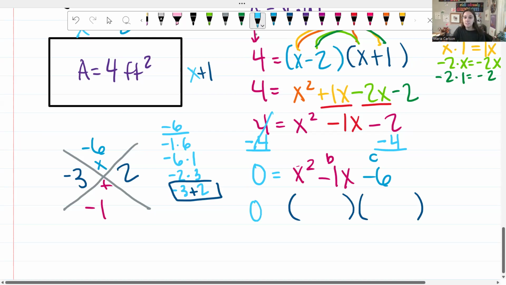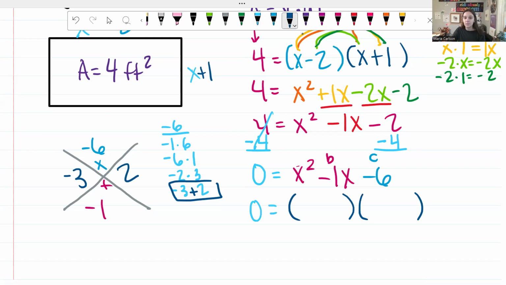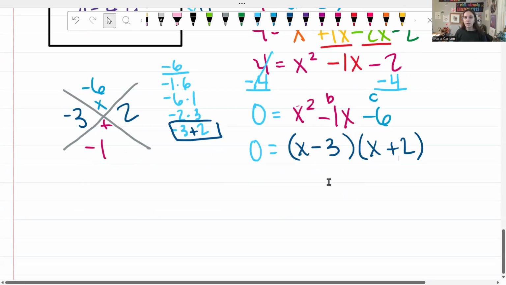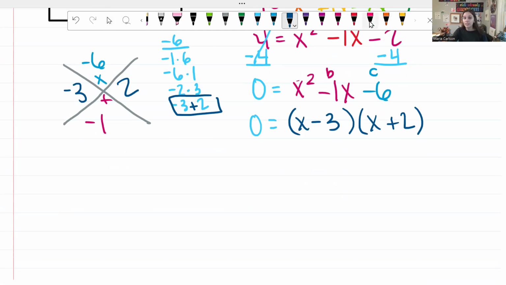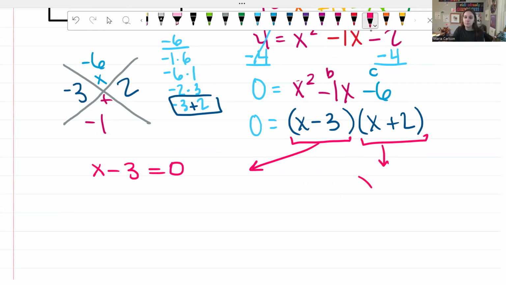So we know now that 0 is equal to these two factors, x minus 3 times x plus 2. And now I can use the zero product property, right? This is equal to 0. We have these two terms being multiplied, so let's split them up. I can say either x minus 3 is equal to 0, or I can say that x plus 2 is equal to 0.